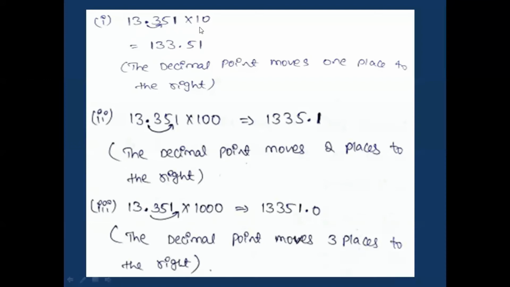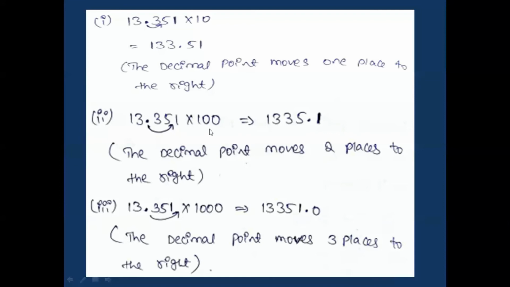13.351 into 10. When we multiply with 10, the decimal point moves 1 place to the right. See here, arrow mark, it changed 1 place to the right side. Now 133.51 when we multiply with 10. Now next example. 13.351 into 100.